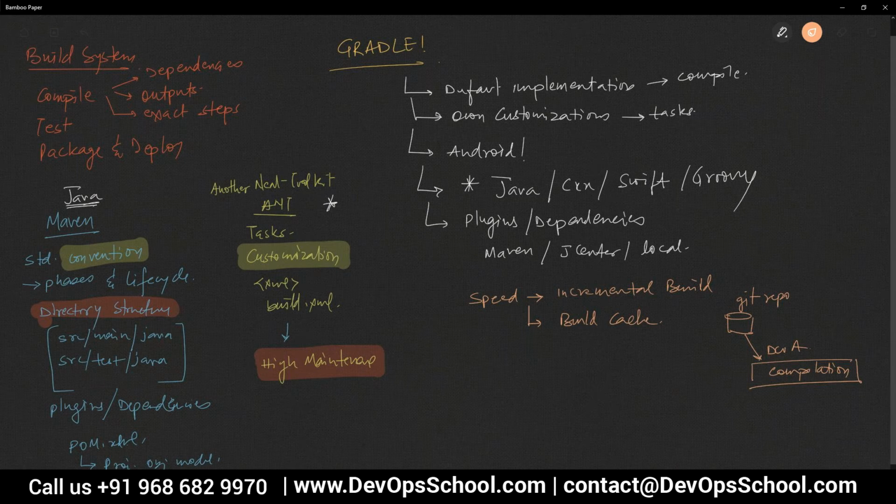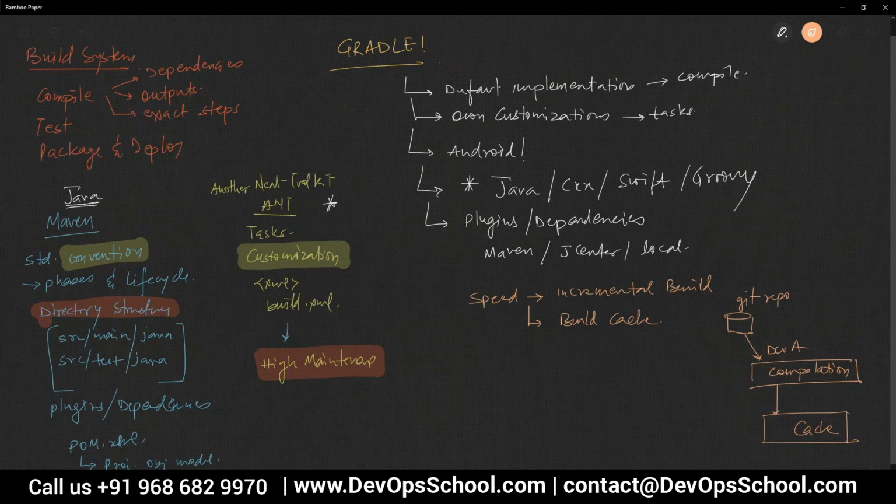Now what Gradle will do is, whatever artifacts are generated for the compilation, intermediary binary files, information about what files were compiled, what is their timestamp, everything Gradle will publish to a cache. Cache is a centralized place to store your build information.